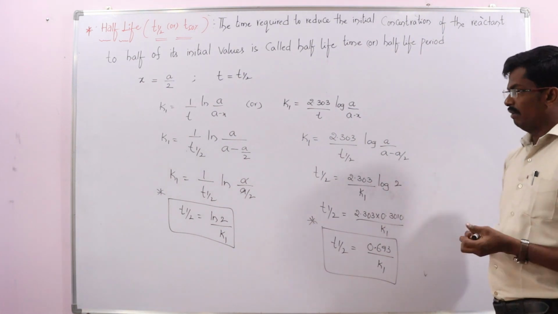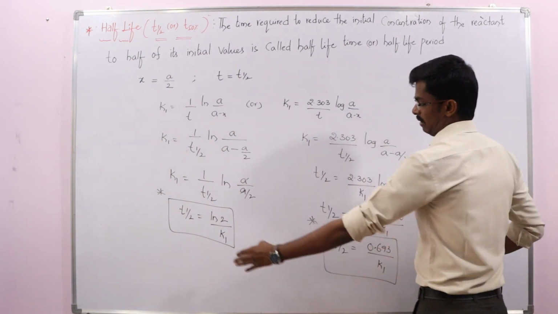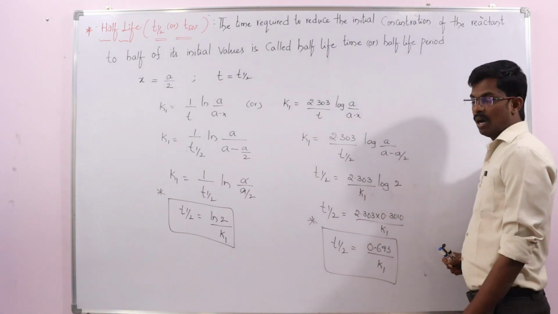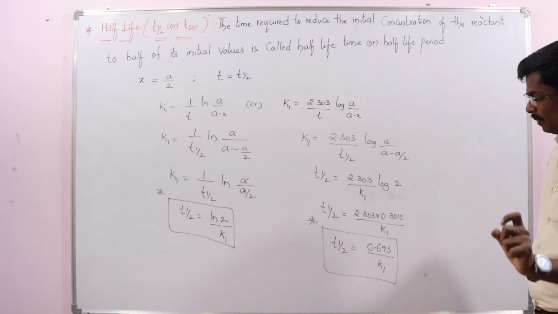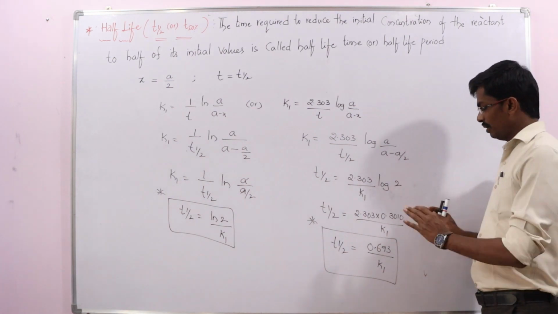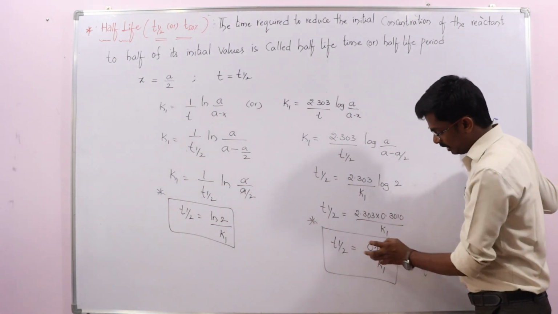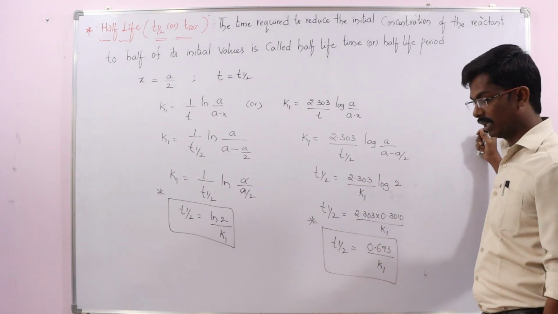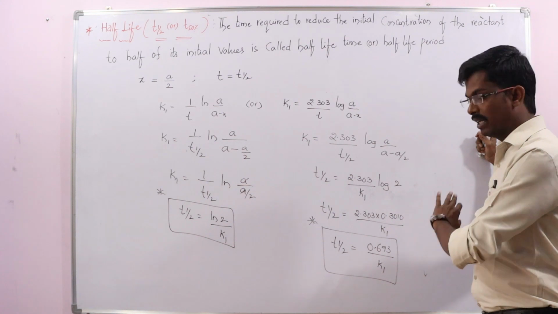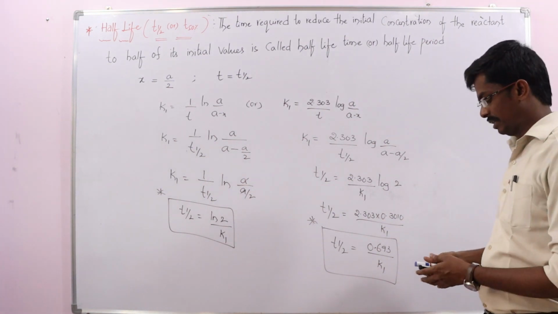So you can utilize either formula: T of 50% is equal to ln 2 by K1 or T of 50% is equal to 0.693 by K1. The major important point here is that when you look for any relationship between the half-life and the initial concentration of the reactant, it is independent of initial concentration.